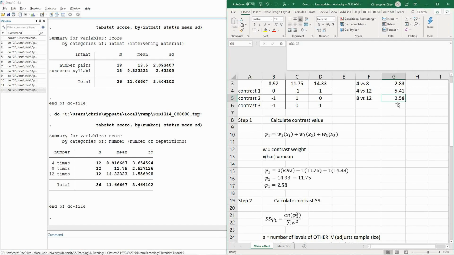So this is just the difference here. This is just a really complicated way of going 14.33 minus 11.75. But this is important because we can do much more complicated contrasts that aren't just two means, and then it's not so straightforward to just take the difference. You actually need to follow this process.